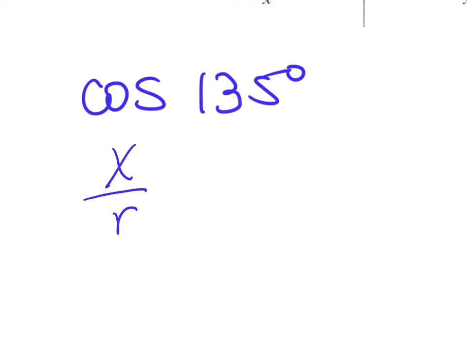When I talk about the angle 135, where is 135? Look, this is what's important: X over R. Where is 135 if I were to draw it? It's in the second quadrant.